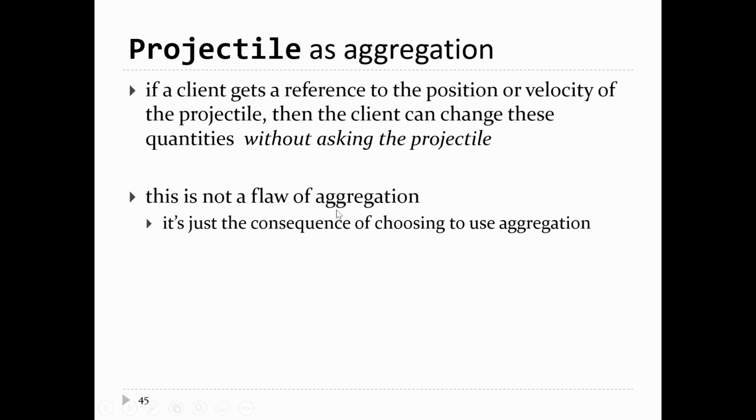This is a perfectly valid way to implement the projectile object. It's just that you have to be aware of what can happen when you do it this way. It's not a flaw, it's just a consequence of choosing to use aggregation. My projectile object might change its position or velocity even if I don't ask it to. So you, as the user of this class, just have to be aware that this can happen.